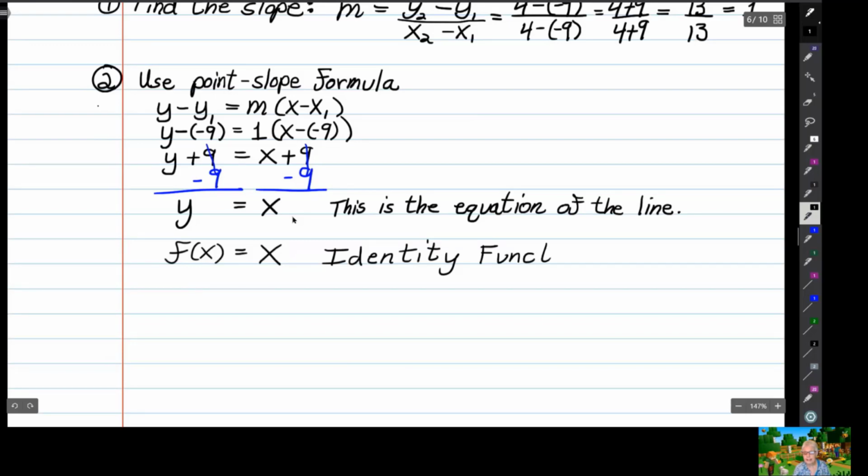It's called the identity function because if y equals x, then y and x are always equal. They're the same exact number. It's also, this equation is the parent of all the straight lines. It's cool. We're going to talk more about that later too.